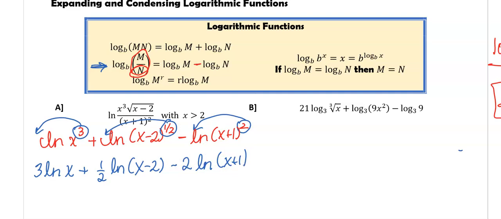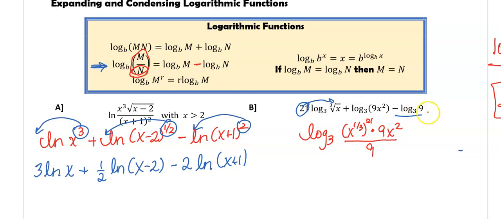All right, for part B, we're going to go in reverse. Let's condense. I see a coefficient, it's going to come to the power. I see a minus, so it's going to be in the denominator. So we have one expression of log, and this will be x to the 1/3 all to the 21st power times, because it's plus, 9x squared divided by 9.